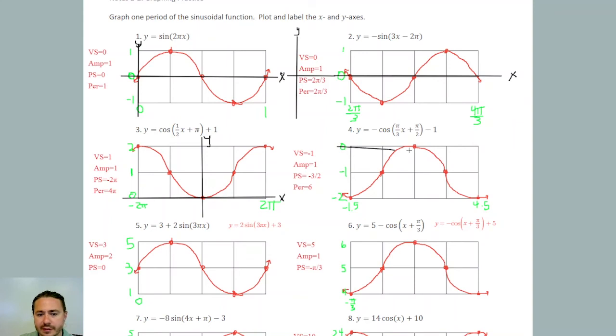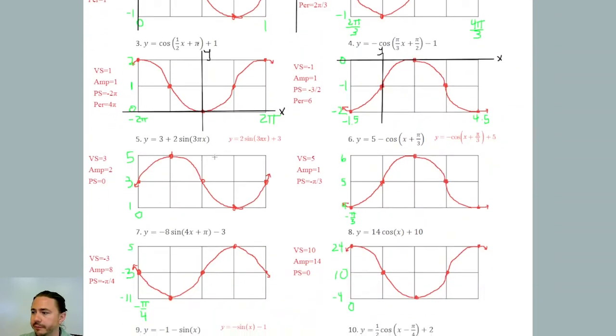So my x-axis is up here. My y-axis, the way this splits up, this is 6, so this is 3. So it's going to be positive 1.5. It's going to be exactly right here. Yep, that looks pretty good.